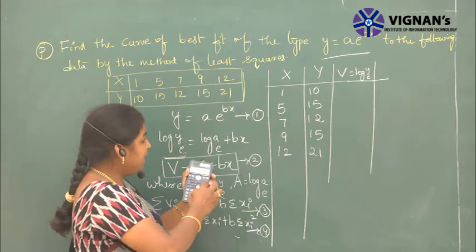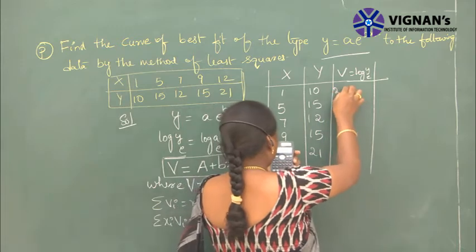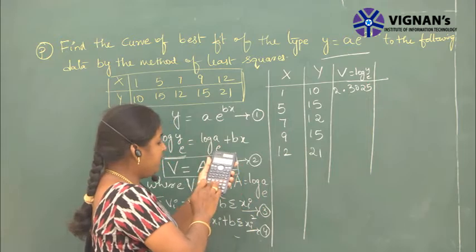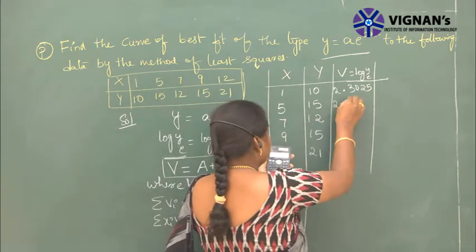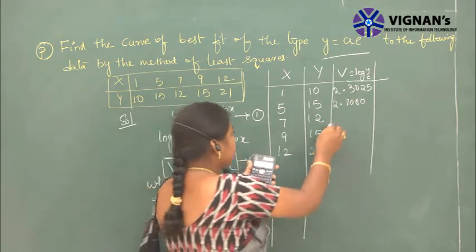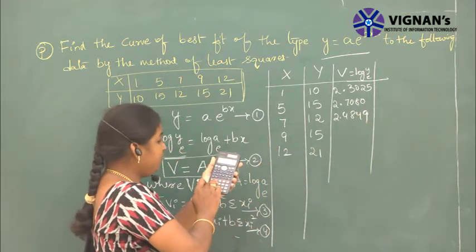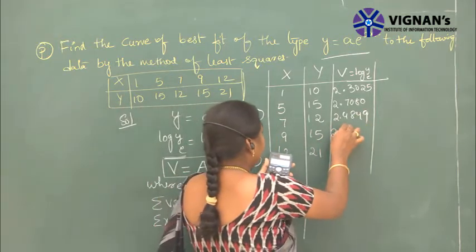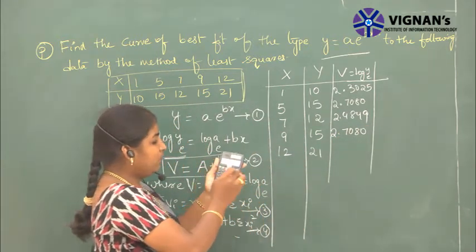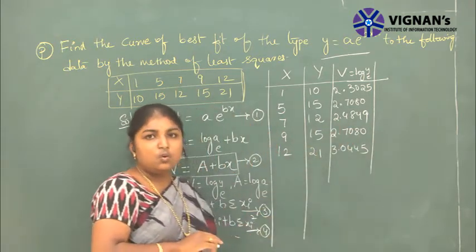So ln 10 is equal to 2.3025. ln 15 is 2.7080. ln 12 is 2.4849. Next, ln 15 is 2.7080. ln 21 is equal to 3.0445. These are the V values.